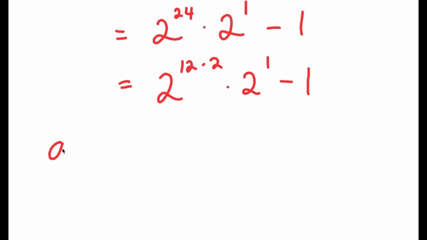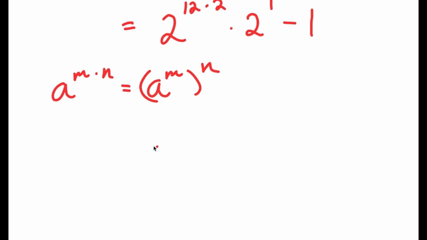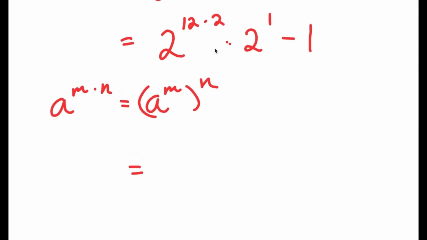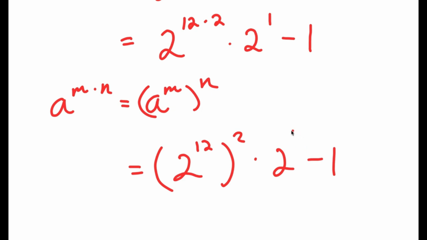And another property of exponents is that if I have something in the form a to the power of m times n, this is equal to a to the power of m, to the power of n. So 2 to the power of 12 times 2 is going to equal 2 to the power of 12, to the power of 2. And I have this times 2 minus 1.